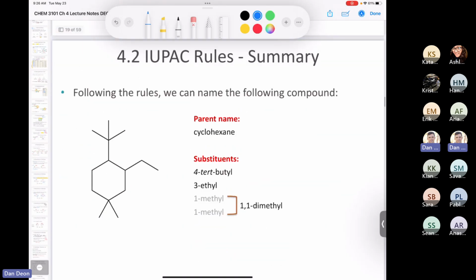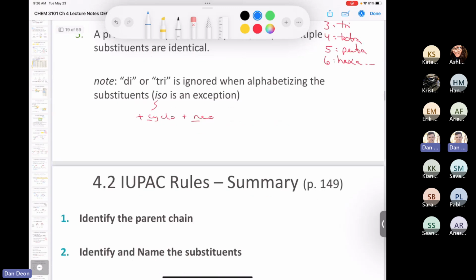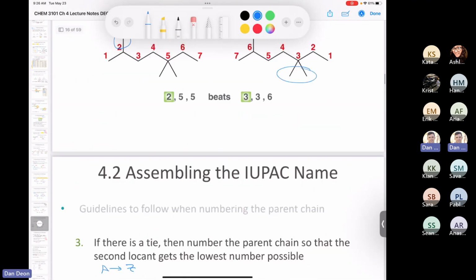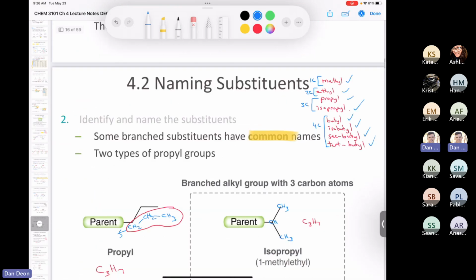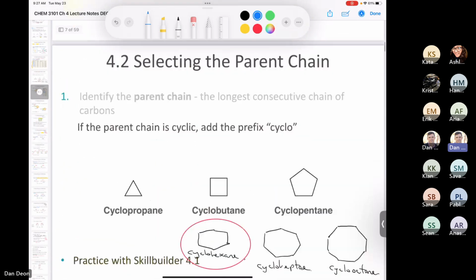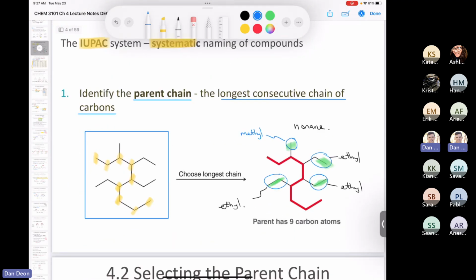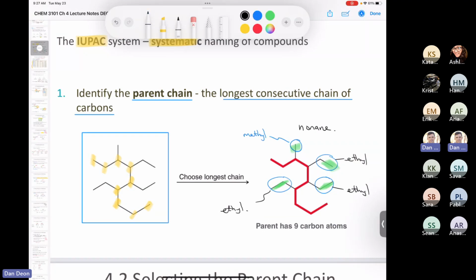So with all that, we're going to come back to this compound. Let's go back to some of the ones that we didn't name. Let's go all the way back here and name everything that we looked at, or at least most things. So let's start with this one here. If we use the rules for numbering, we're going to start numbering from here because we have 1, 2, 3 methyl.